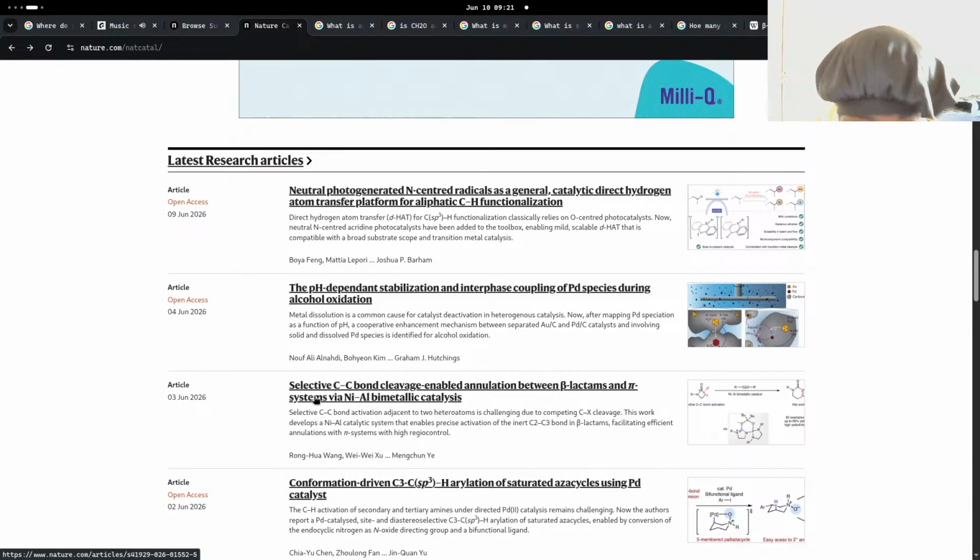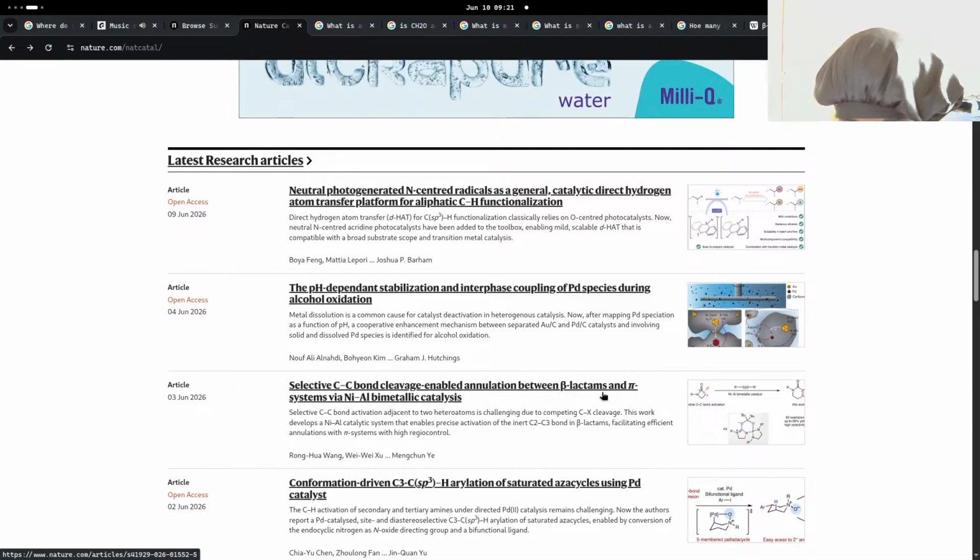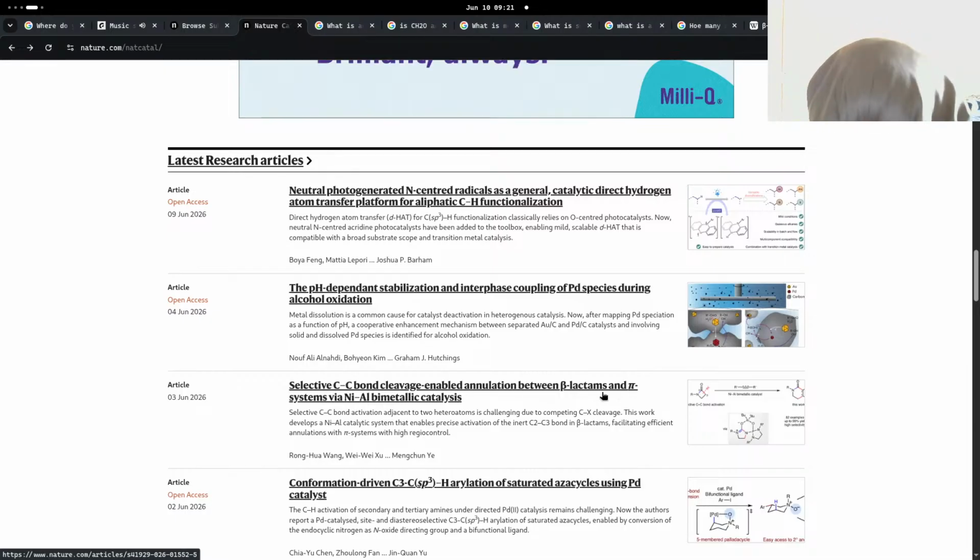All right, so I'm also gonna do selective, I think. Does beta-lactam seem like something I should have known about? So I think I might just do that.